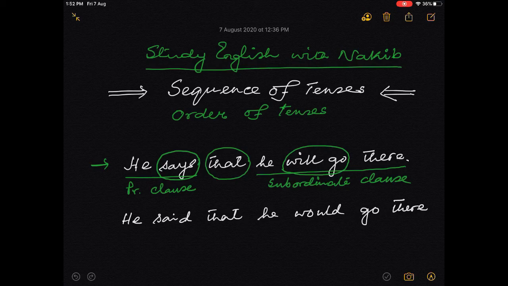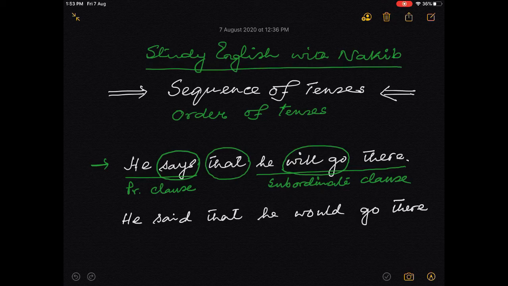He says that he will go there. It is a complex sentence with two parts. The first one, he says, is called a principal clause, and the second one, he will go there, is another part. It is a subordinate clause or dependent clause.